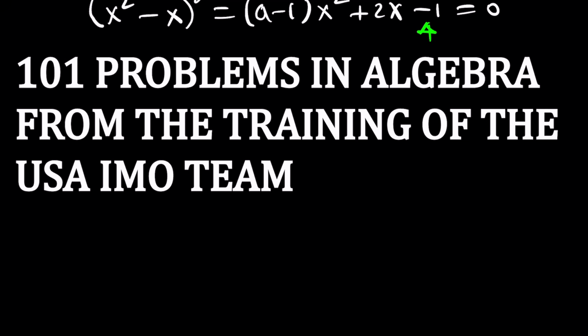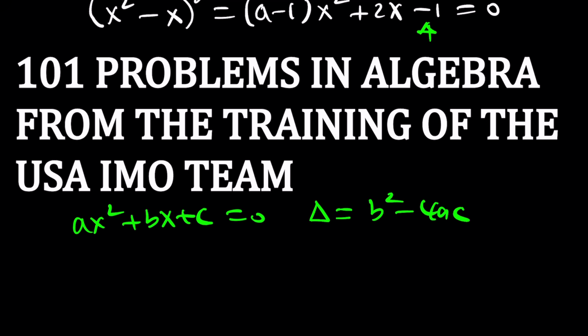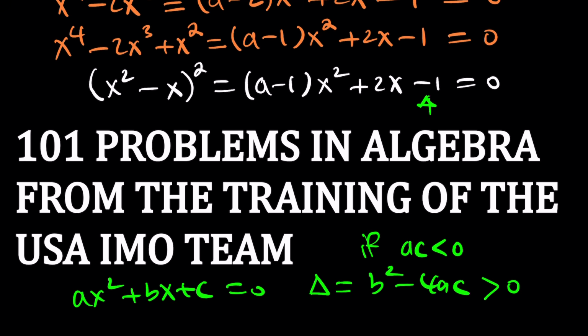Because in a quadratic equation like ax squared plus bx plus c, if you remember, delta or the discriminant tells you how many real solutions you have, b squared minus 4ac. If ac is negative, this is always going to be positive. If ac is negative, which means a and c, one of them is negative, the other one is positive, and so on and so forth. That's the scenario we have here, right?